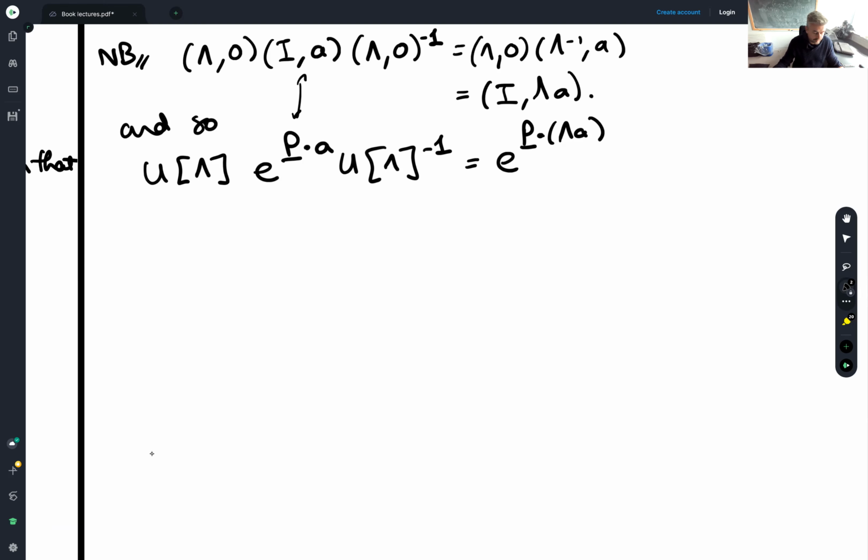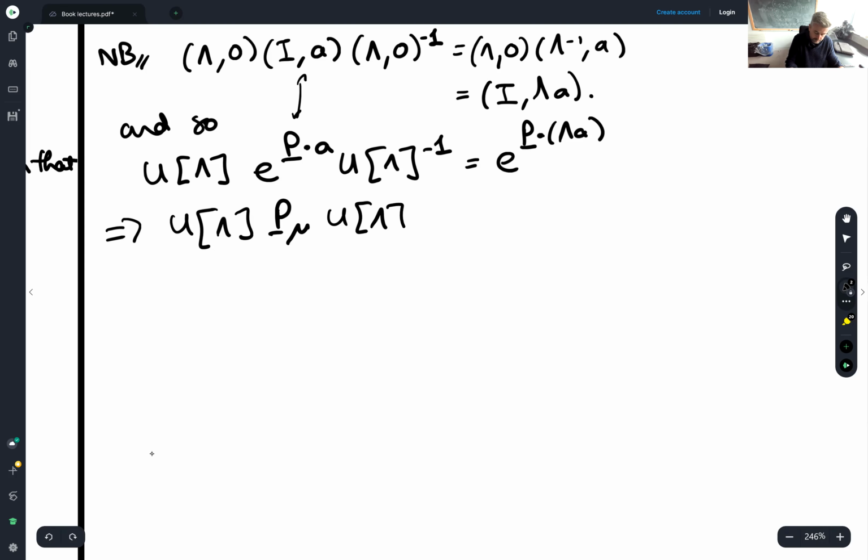Now, this has got to be satisfied for arbitrary a mu. So you can expand to first order in a, or to arbitrary order in a, in fact. And this implies that U of lambda times P mu times U of lambda to the -1 is equal to P nu lambda nu mu. And this I'm going to call equation 9.1.